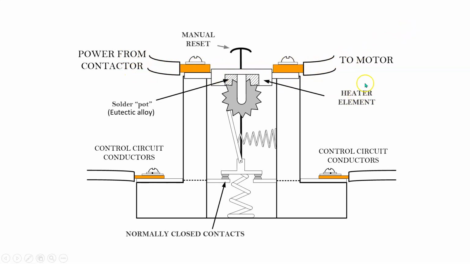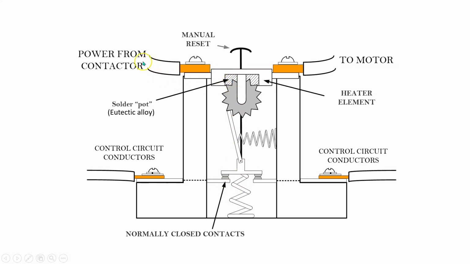We have a heating element up here, which your current is actually going to be traveling through. Your manual reset button here. Here's a stabilizing spring. Here is your solder pot. And down here are your control circuit conductors, where current travels to your coil to allow it to operate or not. So, the normally closed contacts, and here's your solder pot.